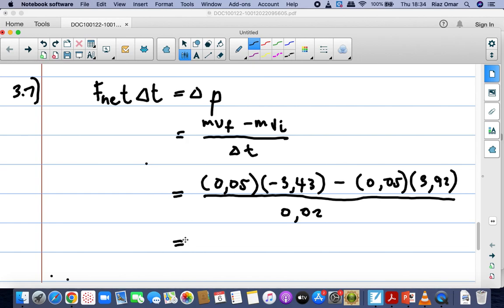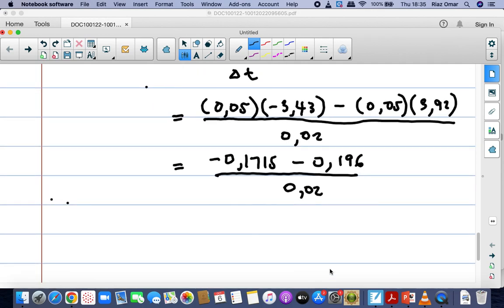Let's take our calculator and work it out. Let's see what we get. 0,05 times 3,43 will give you minus 0,1715, minus, and if you work that other piece out, 0,05 multiplied by 3,92, we get 0,196, and all that must be divided by 0,02.